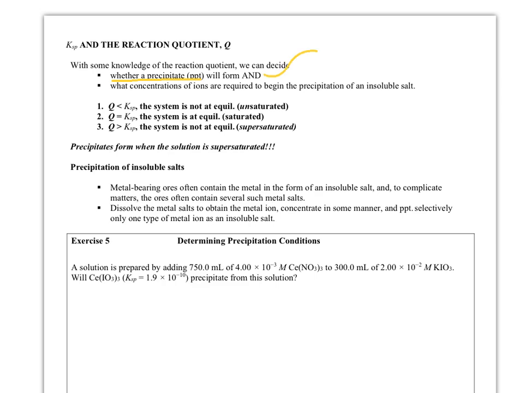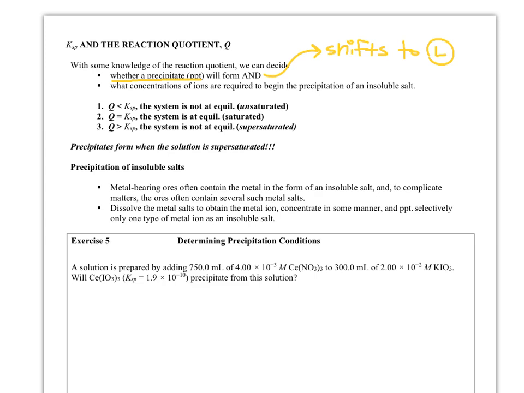When we're talking precipitates, those are shifts to the left, because if we shift to the left, we're going to make more solid, which means we're going to precipitate. It also lets us know what concentrations of ions are required for a precipitation to happen. So there are different ways we can calculate different things with this.